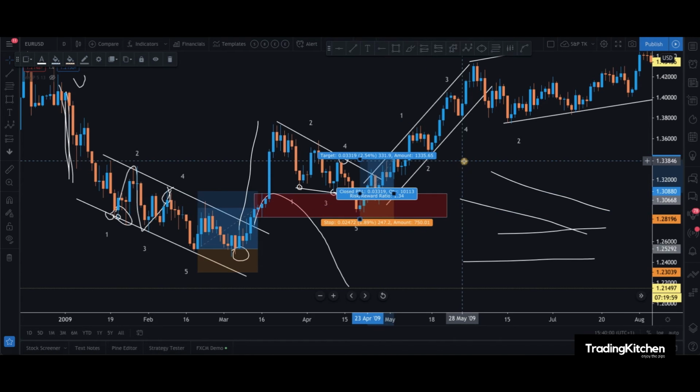You also have to be sure that your risk to reward ratio is enough for you. So in this case, 1.34.